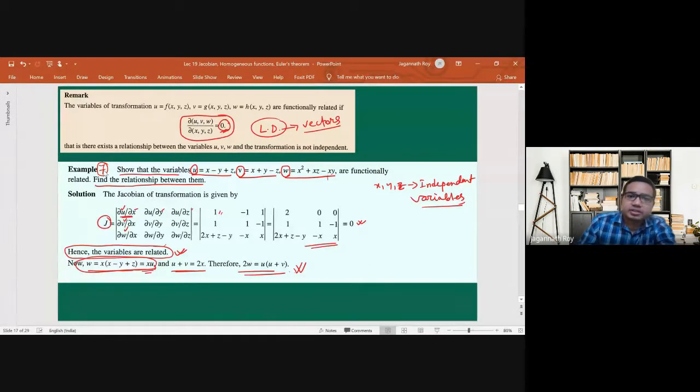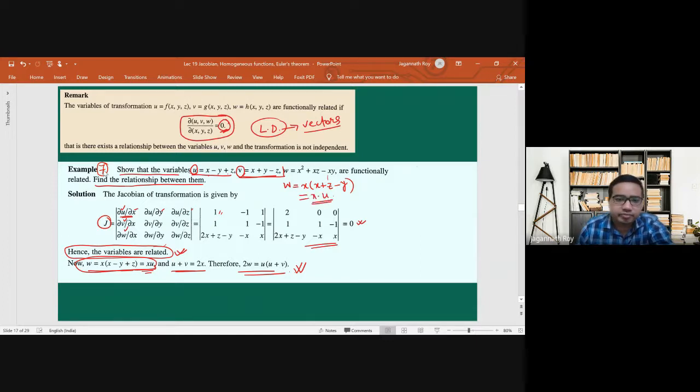Okay, from here, they are actually taking w equals x times (x plus y) times (x plus z minus y). And v was already there, x plus y minus z. Sorry, this is u actually, x minus y plus z. w equals x into u. Again, u plus v equals 2x.